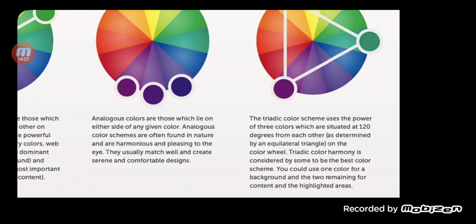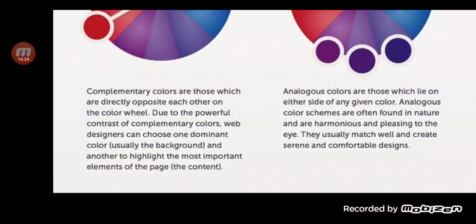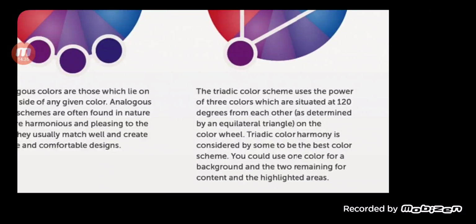The triadic color harmony is considered by some to be the best color scheme. You could use one color for a background and the two remaining for content and the highlighted areas.